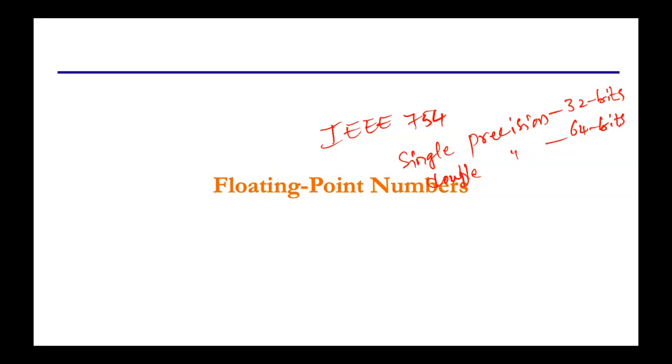So in this lecture series, we overview the decimal number to floating point conversion in MIPS floating point instructions, and how the registers are used for this floating point computation.